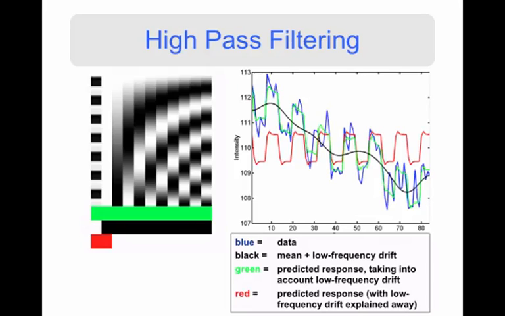Here's an example of the design matrix with drift fit to some simulated data, which can be seen in blue in the figure to the right. Let's look at 3 different possible models: one that incorporates just the task and the baseline, one that incorporates just the drift, and one that incorporates both.